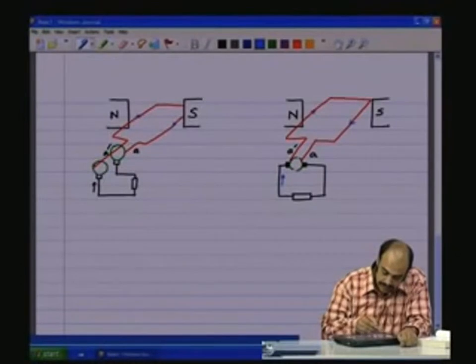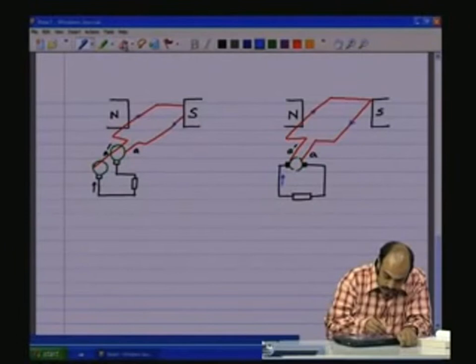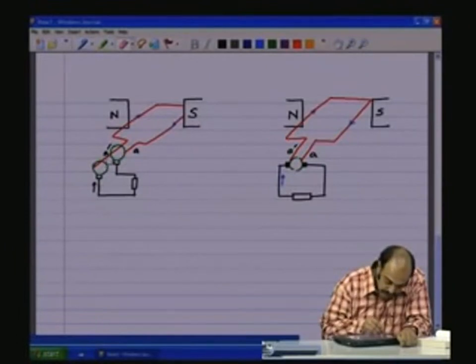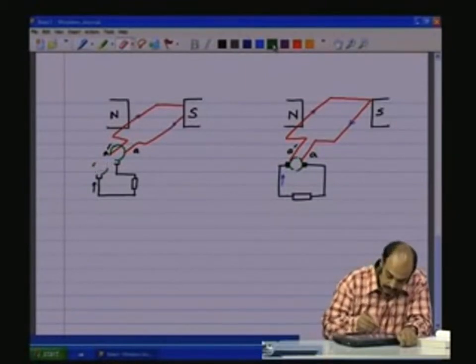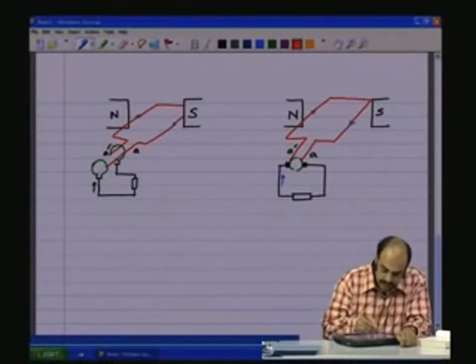Sorry, once this has made a rotation, this would have gone to this point, that is the connection here, because A is connected to that slip ring, and A dash is connected to this slip ring.